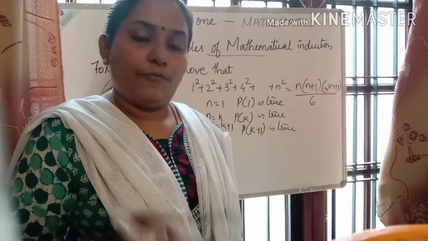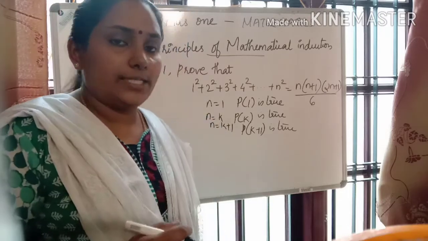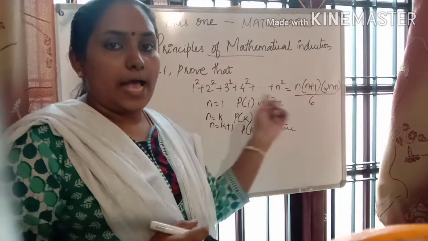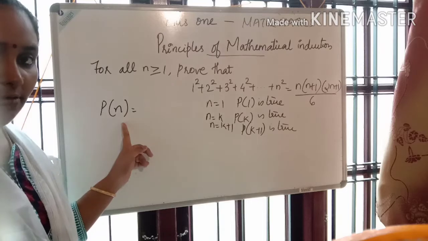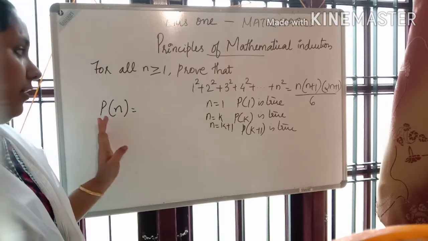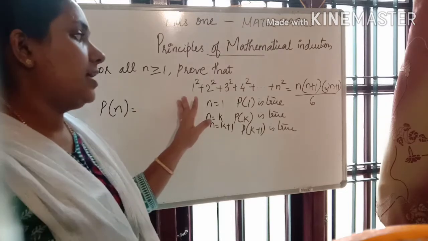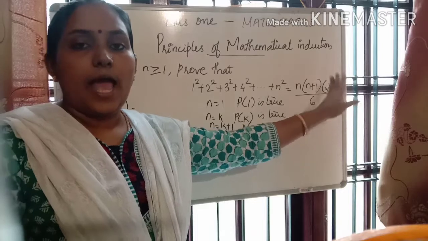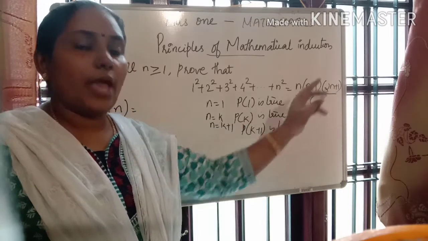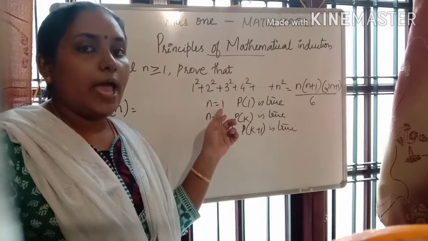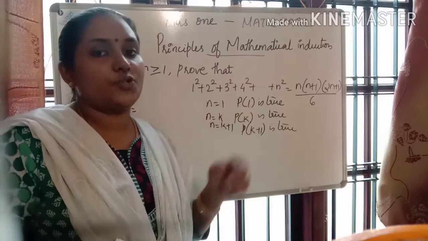So before that we should consider this equation as P of n. We write this equation as P of n, and the next step is to apply n equal to 1 and find out P of 1 is true.